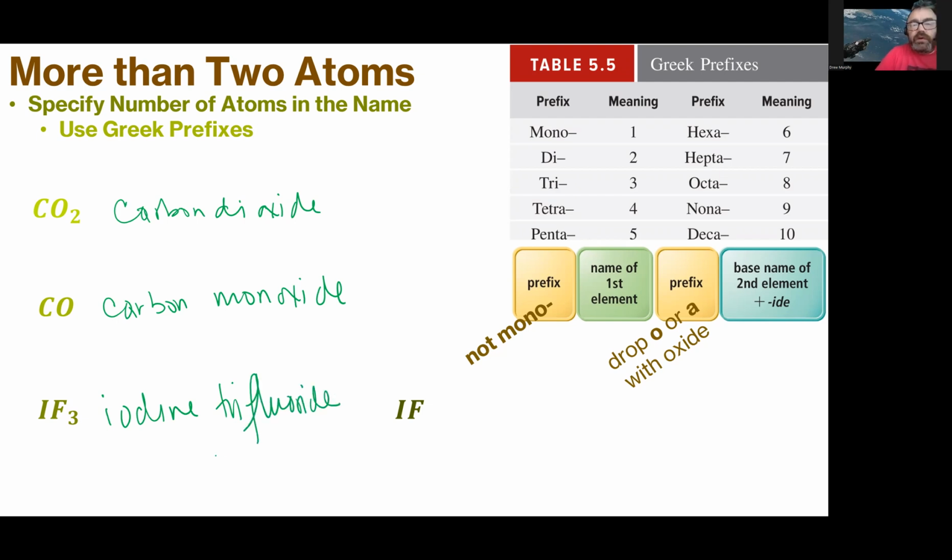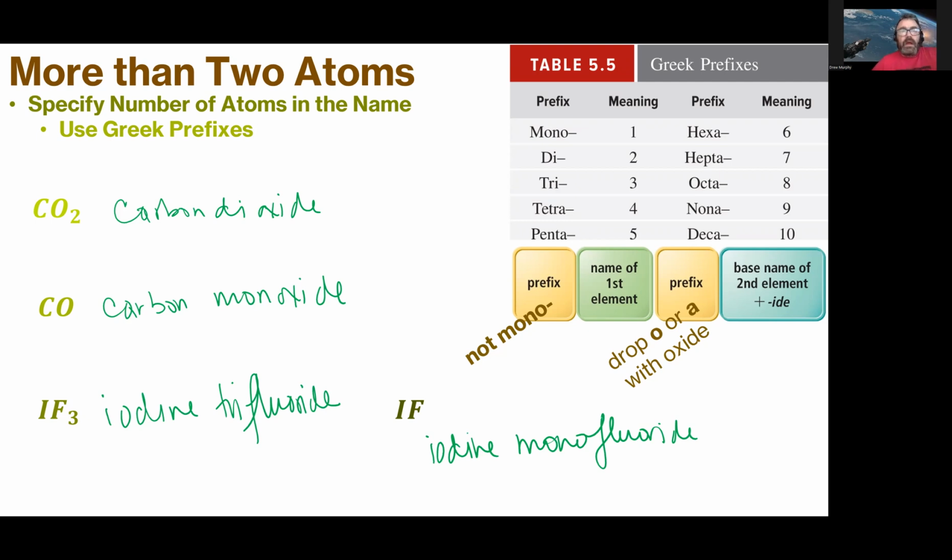Remember, fluoride is UO. Here we have IF. So this is iodine monofluoride.